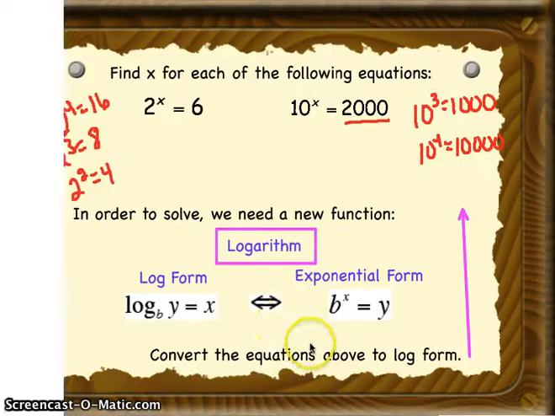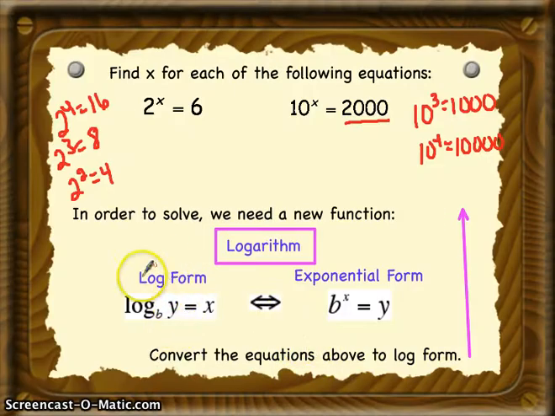Well, let's go back real quick and look at the definitions again of logarithms. Logarithmic form is saying that the log base b of y can be equal to x. And if we do that swirl, we start with the base, that means that b to the x power equals y. So let's go ahead and solve the 2 up top here.